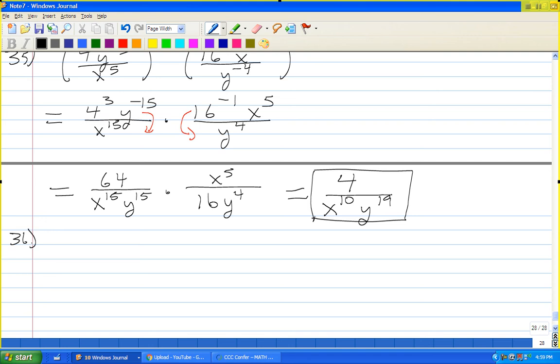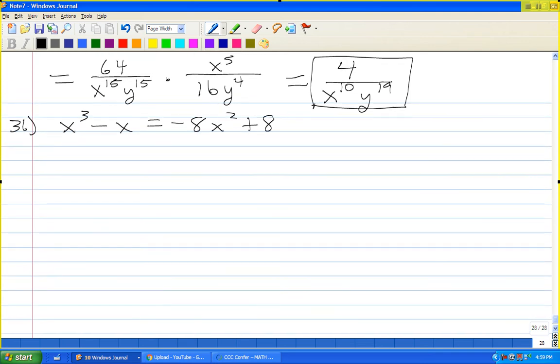Let me do problem number 36. x cubed minus 8 minus x equals negative 8x squared plus 8. Solve the equation. Okay, so let's solve this.